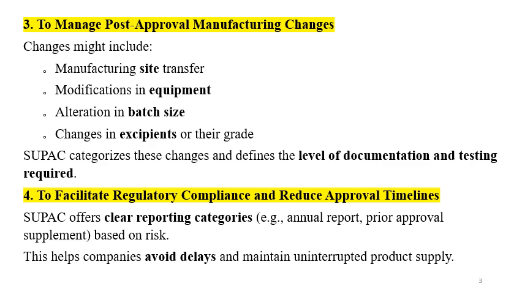First is annual report, second is prior approval supplement and CBE 0 and CBE 30. So based on the risk of the changes onto the quality, these procedures are adopted. This helps companies to avoid the delays and maintain the uninterrupted product supply.